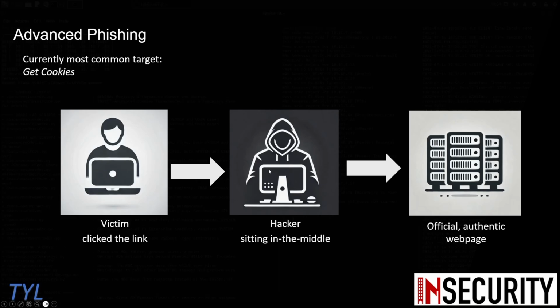The hacker is showing the actual web page, but intercepting everything you send to it. All your details are sent to the hacker, and he just forwards them to the real web page. This way, he is always able to show the web page that you expect, and he can see not only username and password, but also all the cookie details.